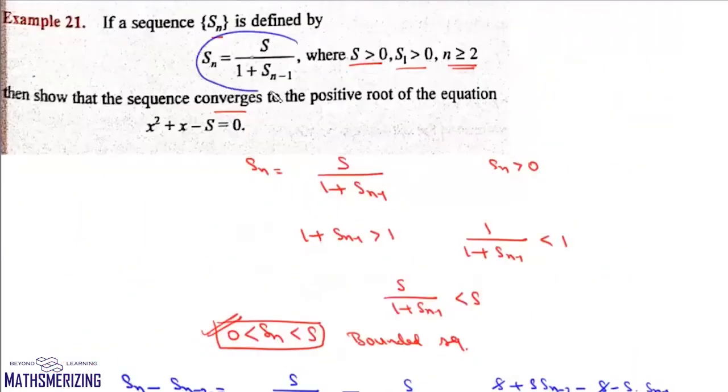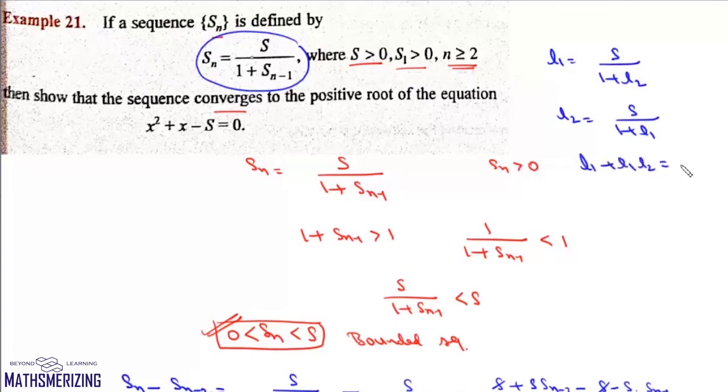Then from this condition we can write L1 equals s upon 1 plus L2 if n is odd, and L2 equals s upon 1 plus L1 if n is even. Now if we compare these two, we'll get L1 plus L1 L2 equals L2 plus L1 L2. Now L1 L2 will cancel. So we'll get L1 equals L2.